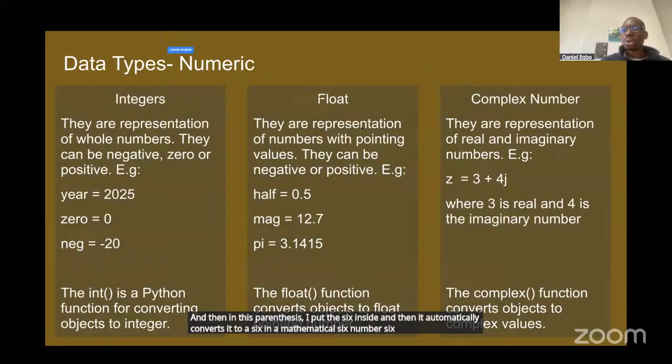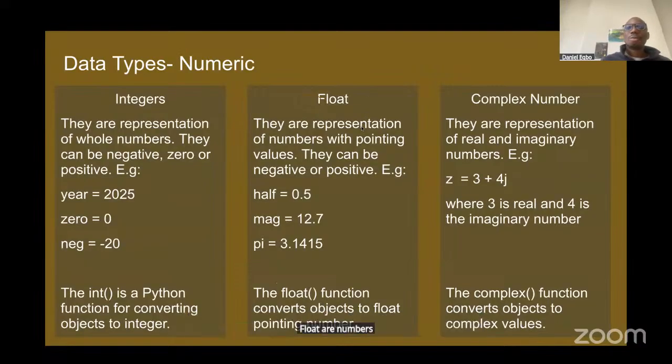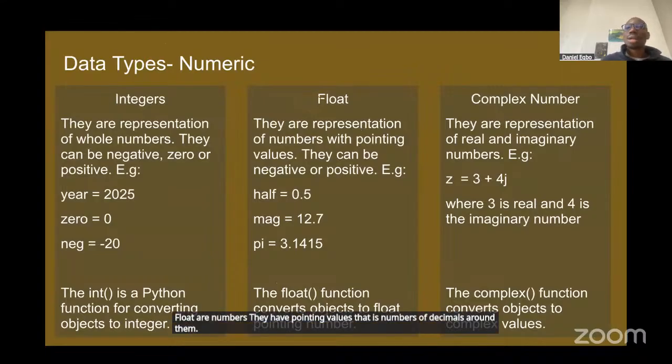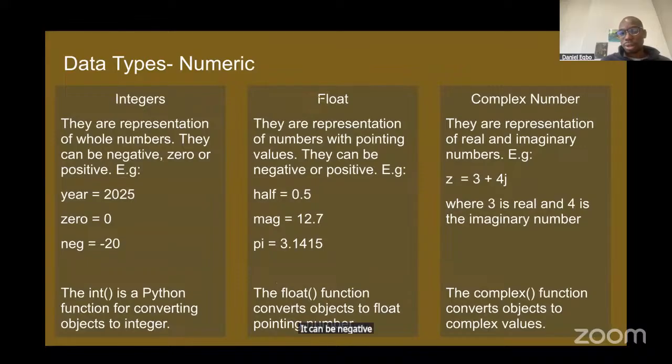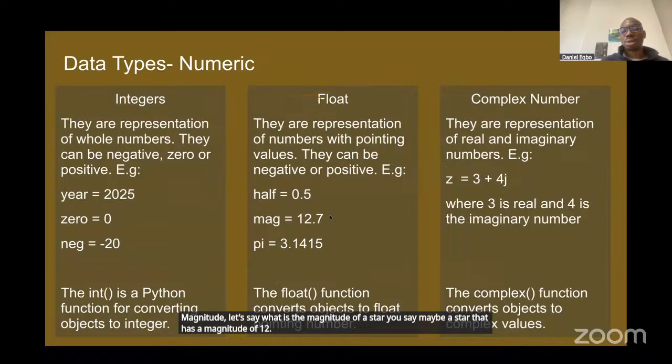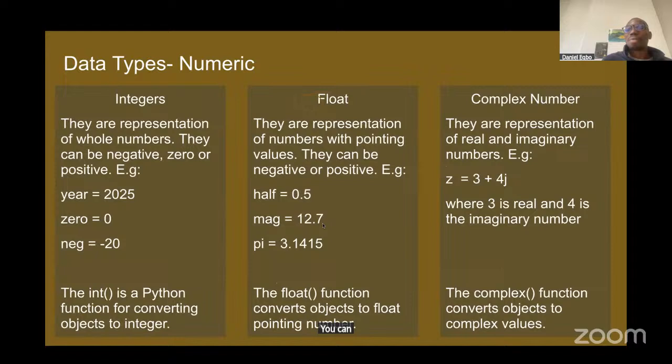So we have floats. Floats are numbers that have floating points, that is numbers with decimals around them. It can be negative, it can be positive. A good example is half, 0.5. Let's say, what is the magnitude of a star? We say maybe a star that has a magnitude of 12.7, maybe V magnitude, G magnitude, or whatever. You can say it has a value of 12.7.